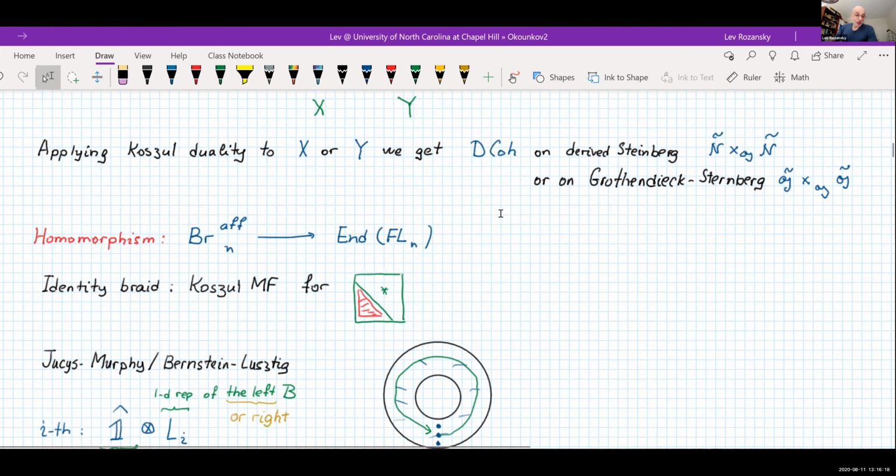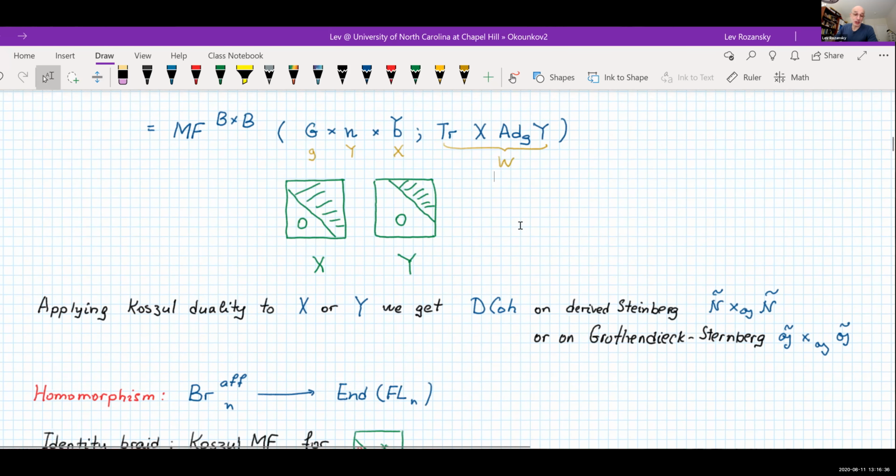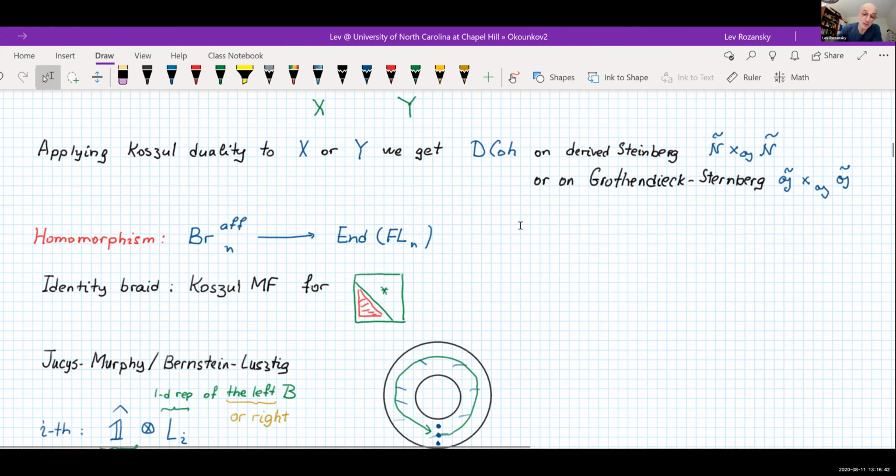Okay, so we have this homomorphism from affine braids into the category of endomorphisms of our special object. Identity braid here will be represented by Koszul matrix factorization of this superpotential. Now, I remind you the idea of Koszul.